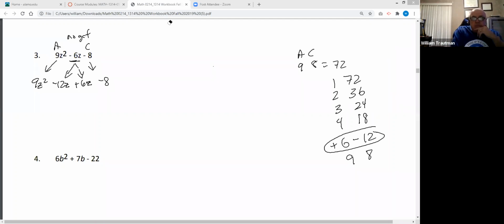I'm going to use the 4-term method to factor now. Put a parentheses around the first two, the second two, and make sure there's a plus sign between them. Factor out the GCF of each group.